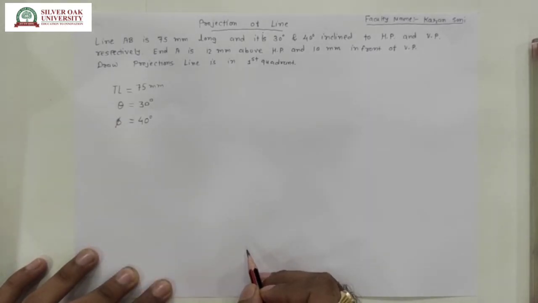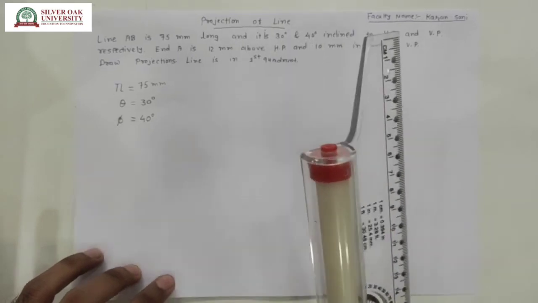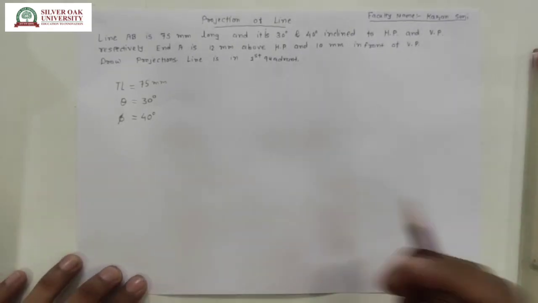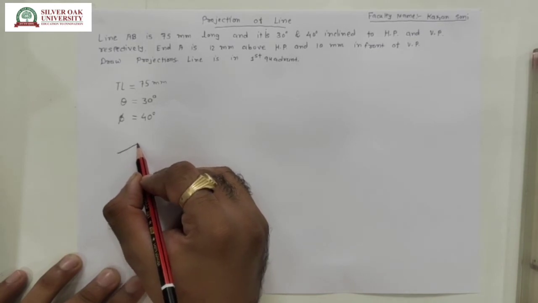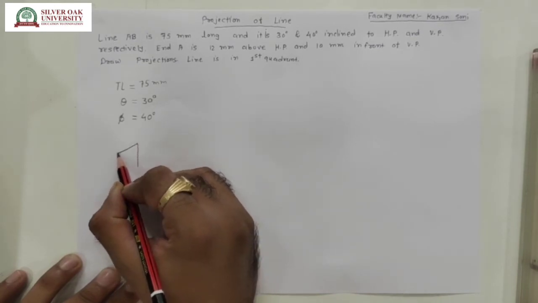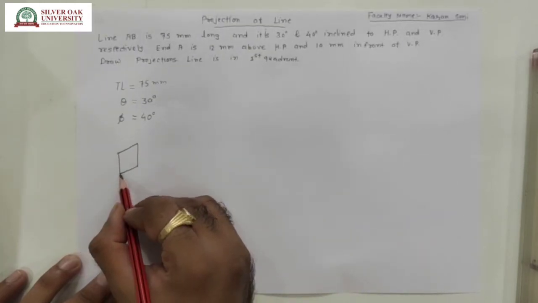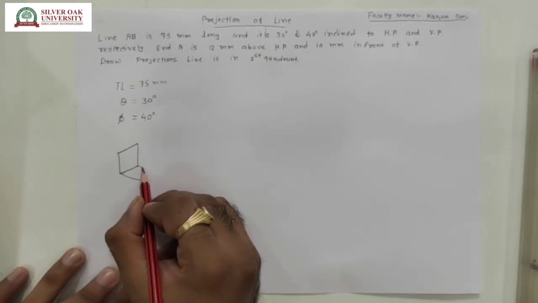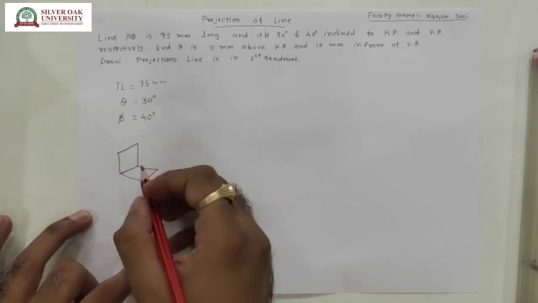Also the position of point A is given, that is 12 mm above the HP and 10 mm in front of the VP. So I am considering this the first quadrant, because it is 12 mm above the HP and 10 mm in front of the VP. If I make a rough sketch, this is the HP and this is the vertical plane, first quadrant, and our point is located 12 mm above the HP.